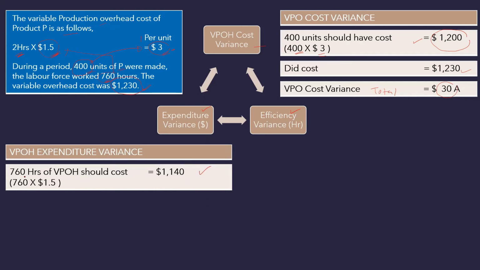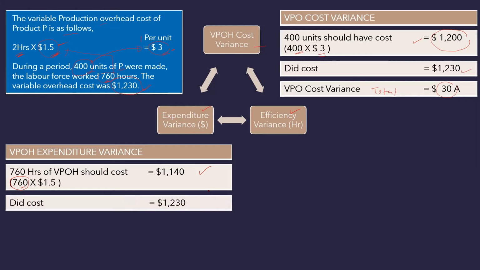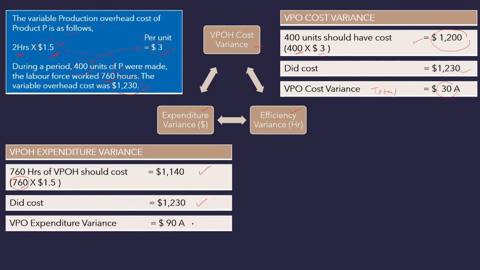So here we are taking actual hours times the budgeted or standard rate of 1.5. We should have incurred this much on 760 hours, whereas it cost 1,230. Therefore, there is an adverse expenditure variance of 90, because we planned to incur 1,140 and we incurred 1,230.